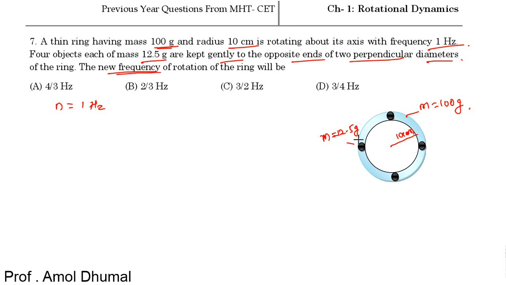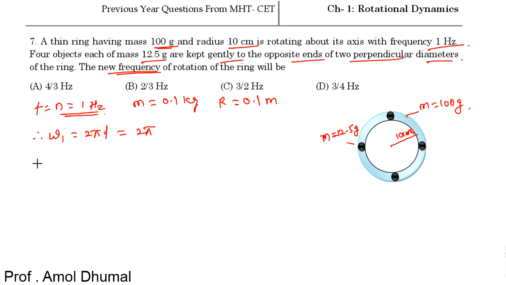So as the mass of object changes, so the frequency of rotation will change, right? So see what is given. Frequency n is 1 hertz. The mass of object is 0.1 kg. Then the radius is 0.1 meter. So therefore the initial speed omega 1 is equal to 2 pi f, which is equal to 2 pi because the frequency is 1 hertz.